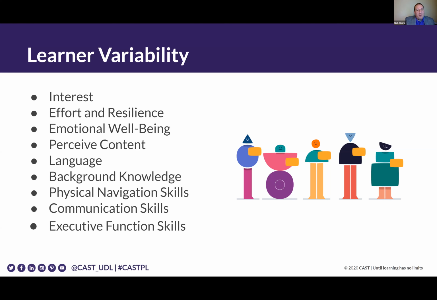So that we have variability in our interest in the learning goal and what we're learning in that content area, in our effort and ability to sustain that effort and be resilient throughout learning, in our emotional well-being in the learning environment, our ability to perceive content and understand new language, the background knowledge that we bring to learning, our ability to physically navigate the learning materials and resources, our ability to communicate, and our ability to support or create our own executive function and use our executive function skills to be planful in the learning environment.